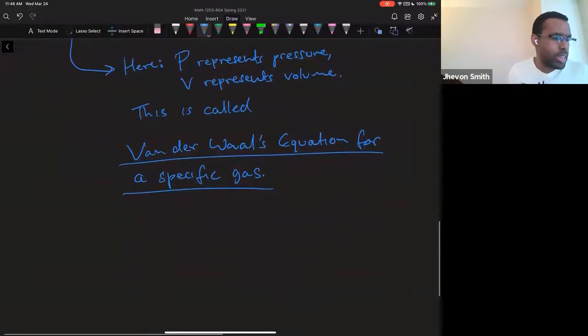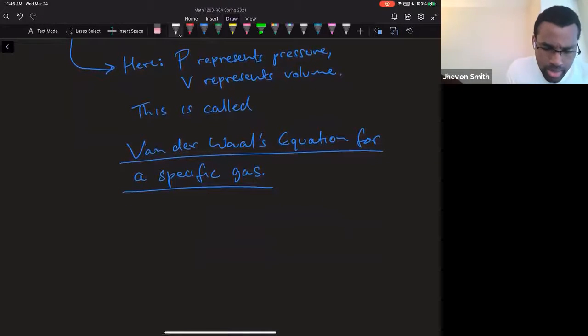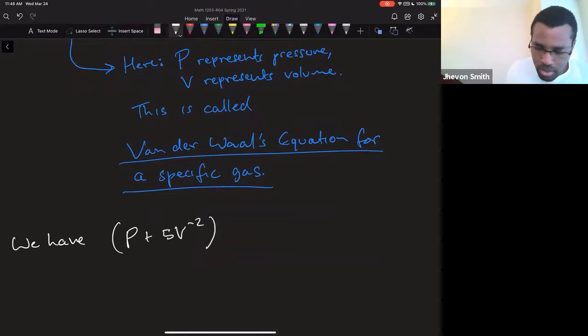So now I can rewrite this as (P + 5V^-2)(V - 0.03) = 9.7.